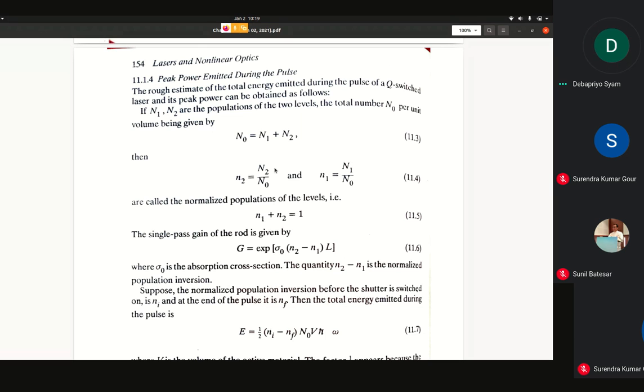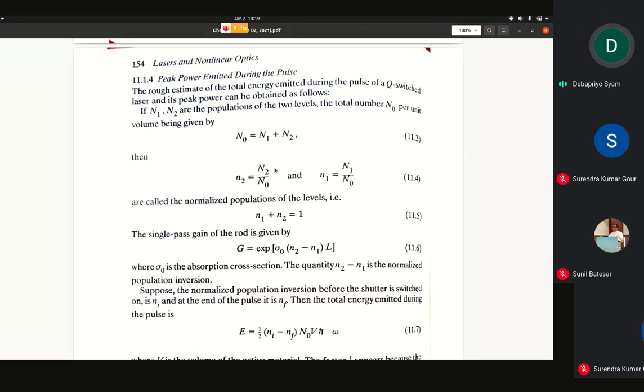Then that is not the case. As we know, the ground state cannot be completely depopulated. But anyway, suppose capital N2 is 100 or 200 and capital N1 is 0. So when a transition takes place, capital N2 becomes equal to 199 and capital N1 becomes equal to 1.